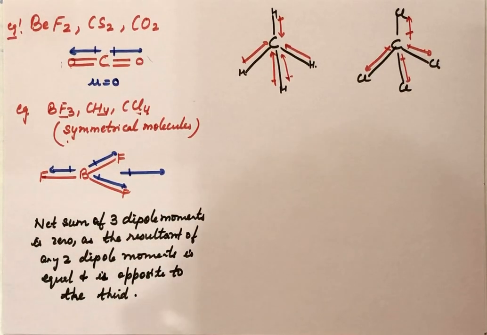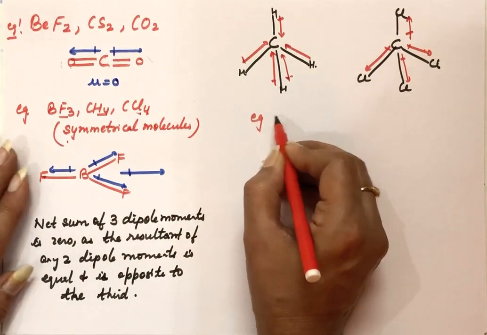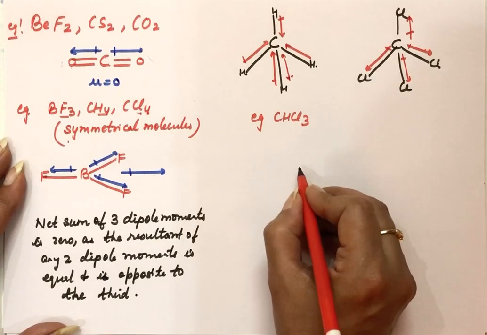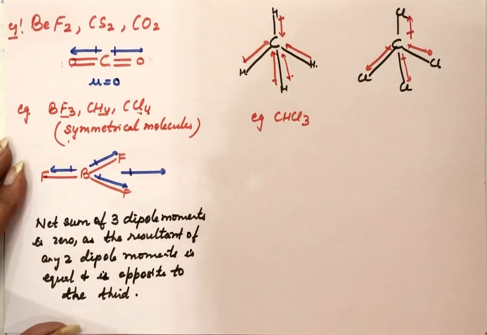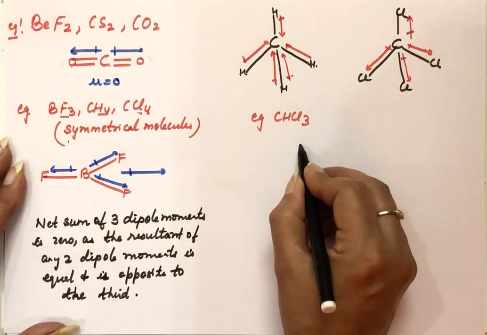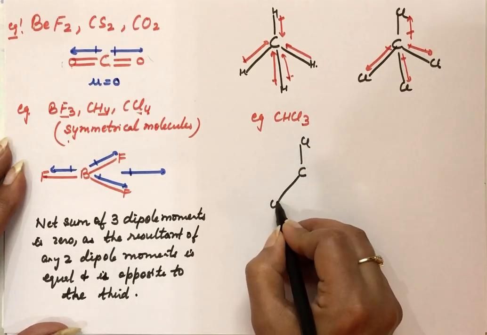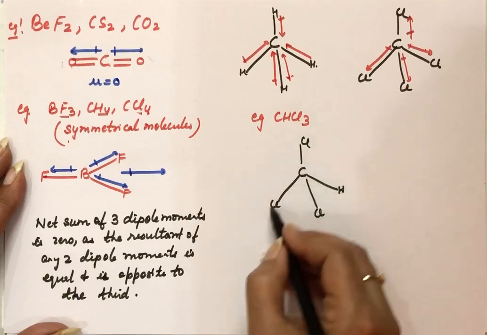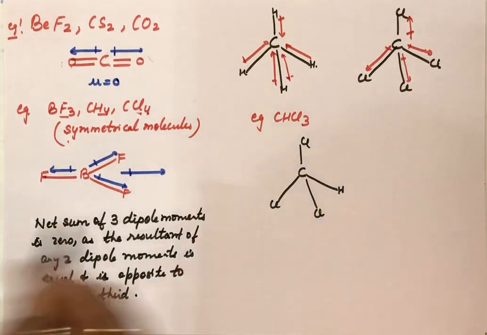Now what next example? If I take CHCl3, in this case the outer atoms are not the same. Carbon is linked to 3 Cl and on one side here is hydrogen.